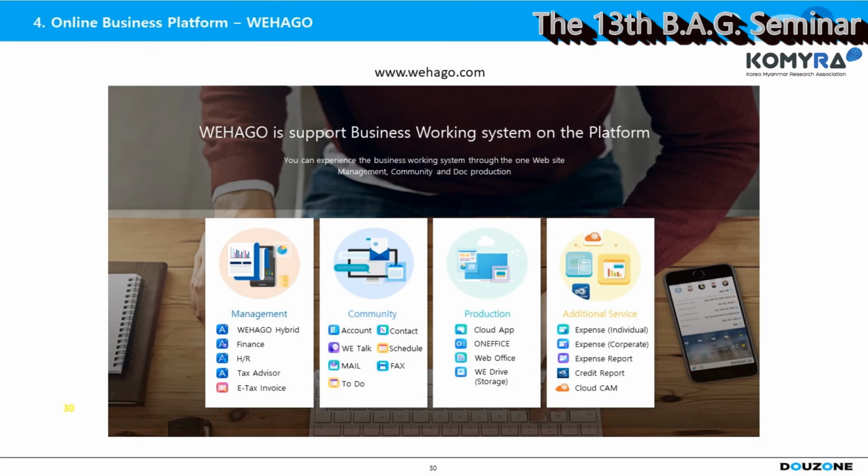So if you are wondering what the Douzone solution is, you can easily check it on the website. The website address is www.wehago.com. You can easily check the detailed service by accessing the site.